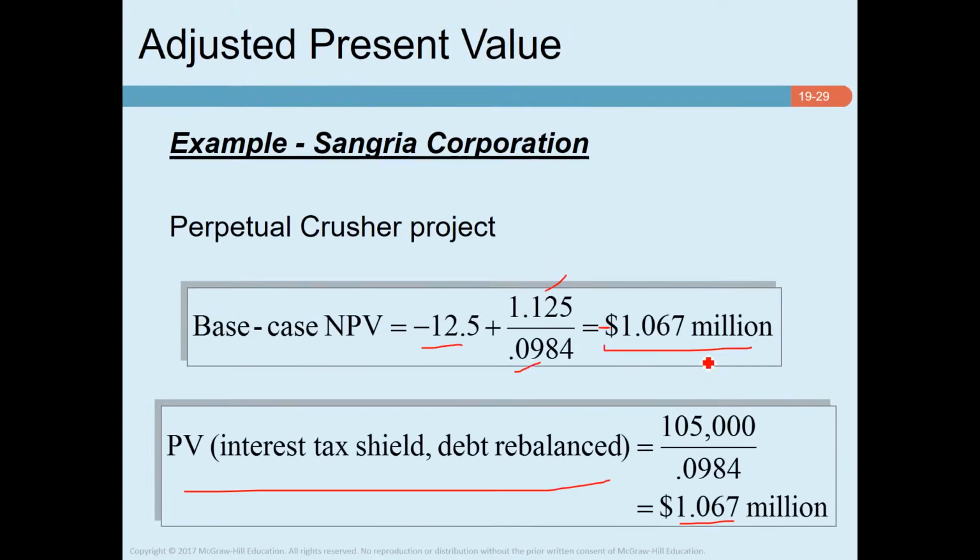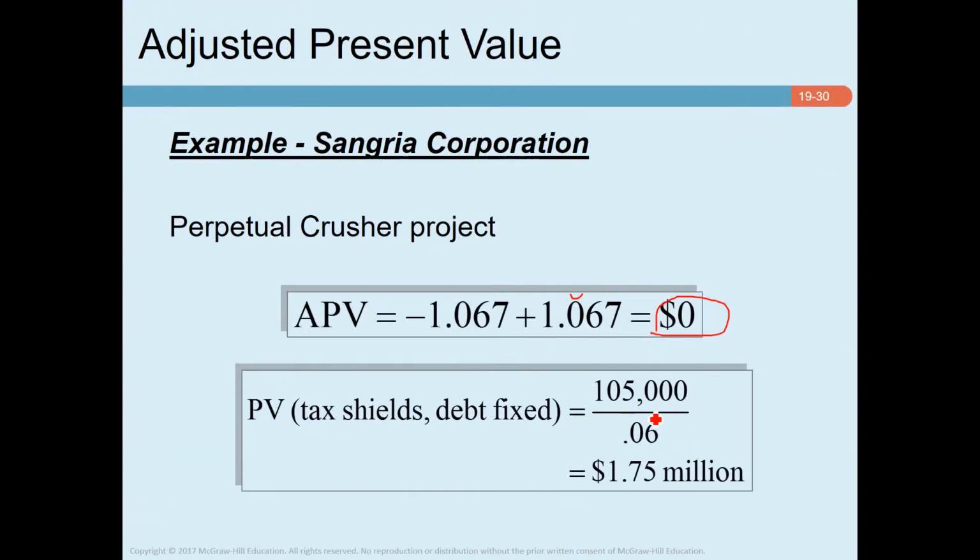However, you can see that in this case, the base case NPV, we discounted the cash flow by the weighted average cost of capital, and we also discounted the tax shield by the weighted average cost of capital. However, we previously argued that this tax shield can be less risky because the firm has a regular stream of this tax shield due to its debt. That's why we may discount these cash flows by a lower rate.